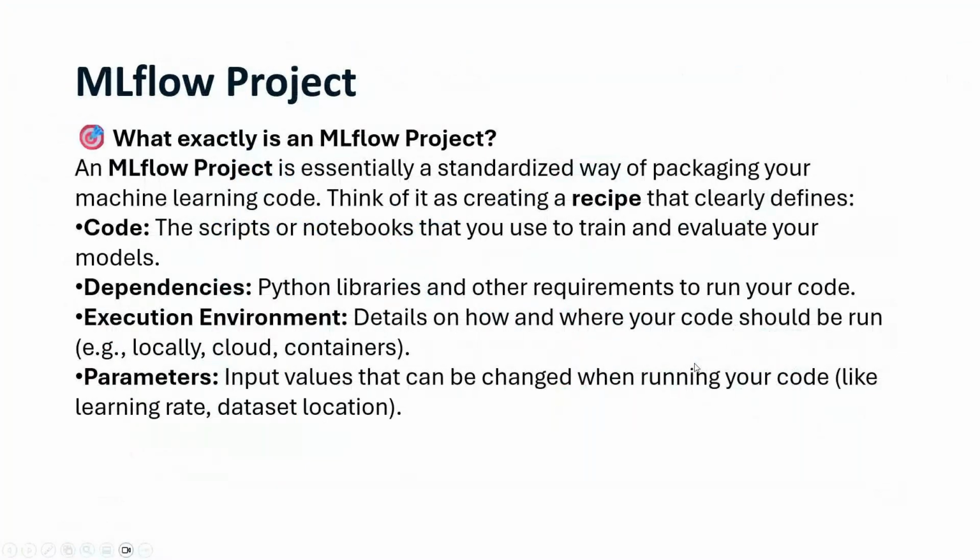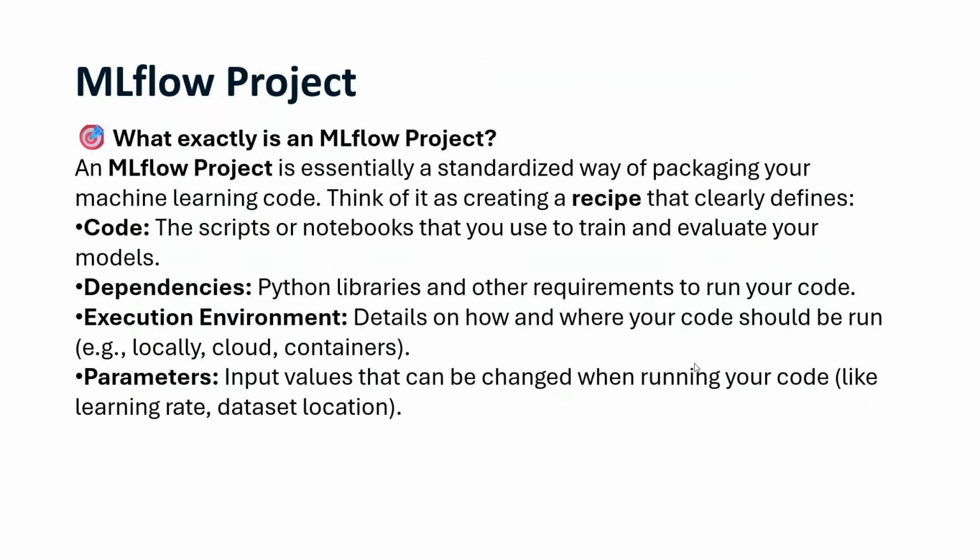So what exactly is an MLflow project? MLflow projects is essentially a standardized way of packaging your machine learning code. Think of it as creating a recipe that clearly defines your code, dependencies, execution environments, and parameters. The code is the scripts or notebooks that you use to train and evaluate your models.